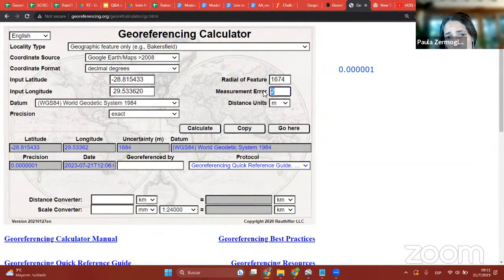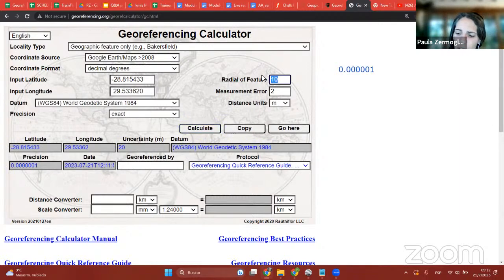The measurement error really is very low. It's 2 meters against an uncertainty of 1,600 meters. So you can see here that the contribution is due to the radial of the feature. If the feature was smaller, suppose it was 10 meters across, the uncertainty would be much smaller.